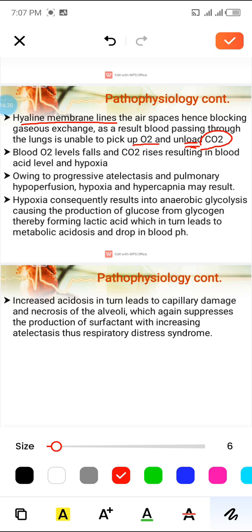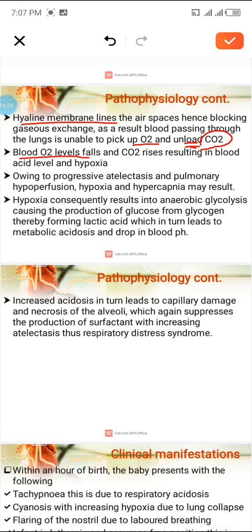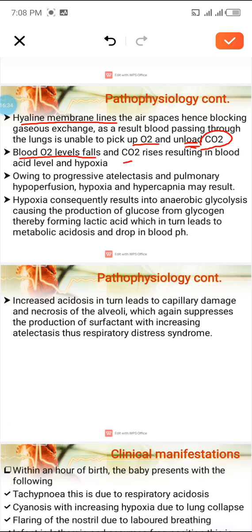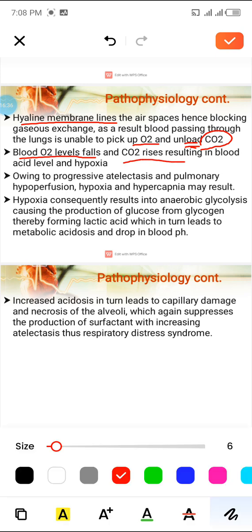Then blood oxygen levels will fall because there's no oxygen coming from the environment to go into the body. If oxygen is not going to the body, then carbon dioxide will increase. So oxygen falls, carbon dioxide rises. What do you expect when carbon dioxide rises?